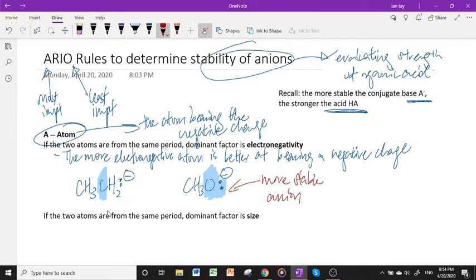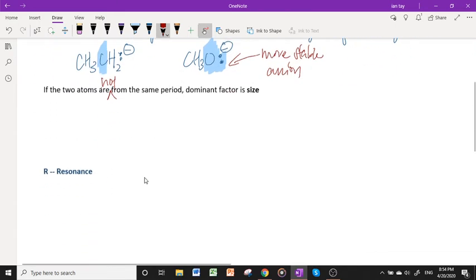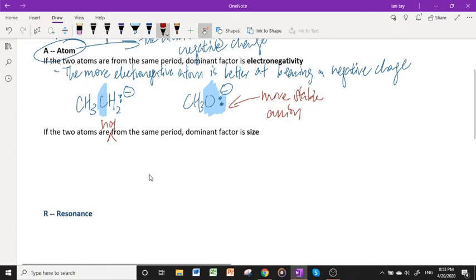And if the two atoms are not from the same period, sorry, there's a typo here, I forgot to include a word, the dominant factor is the size. A good example would be an alcohol versus a thiol. Or rather, let us compare the conjugate bases. Oxygen and sulfur are from different periods, and sulfur is a larger size.